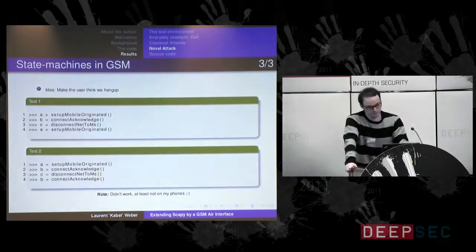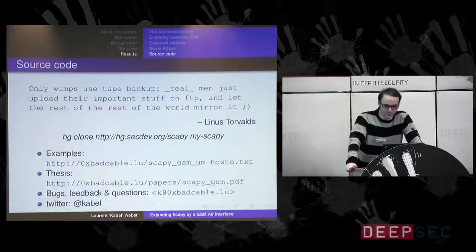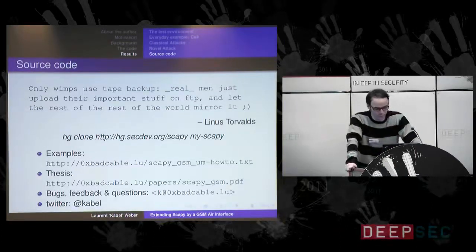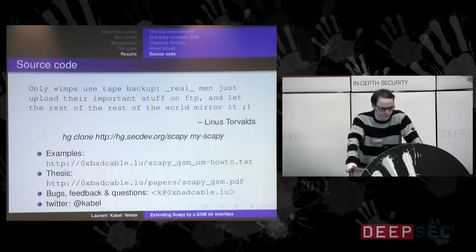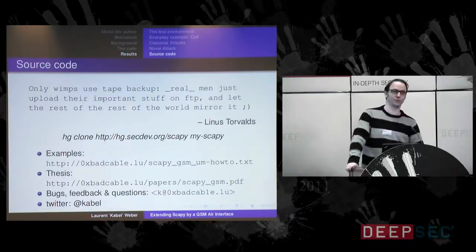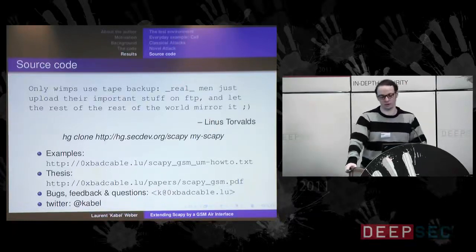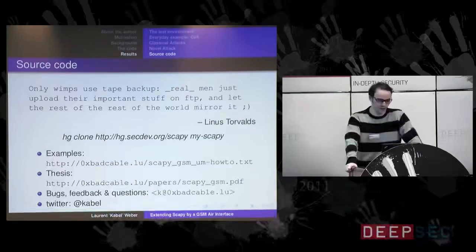So that was basically everything I had to present here. I'll say only some words about the source code. I was developing this stuff in my own repository, and I would have preferred it to be in the real Scapy distribution, so that everybody has it, and maybe this would lead some people to look at GSM even if it wasn't the plan from the beginning.